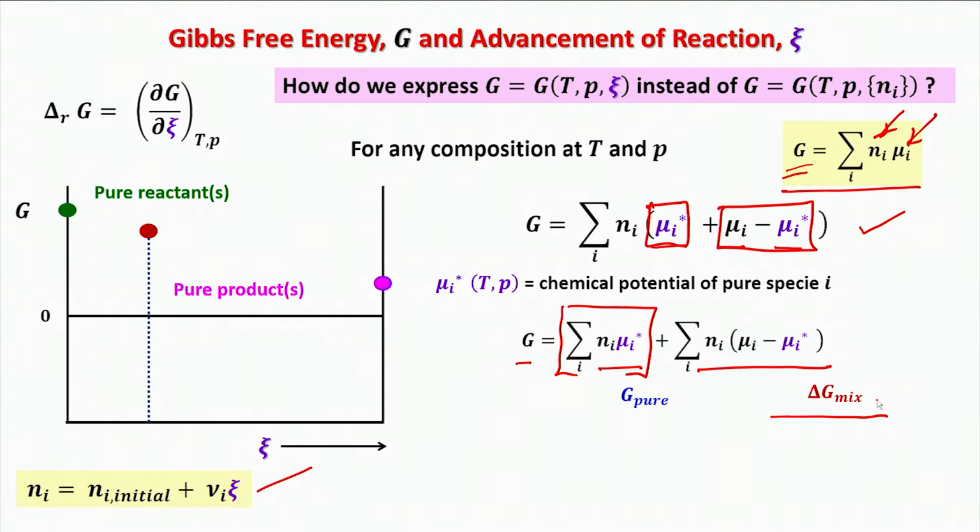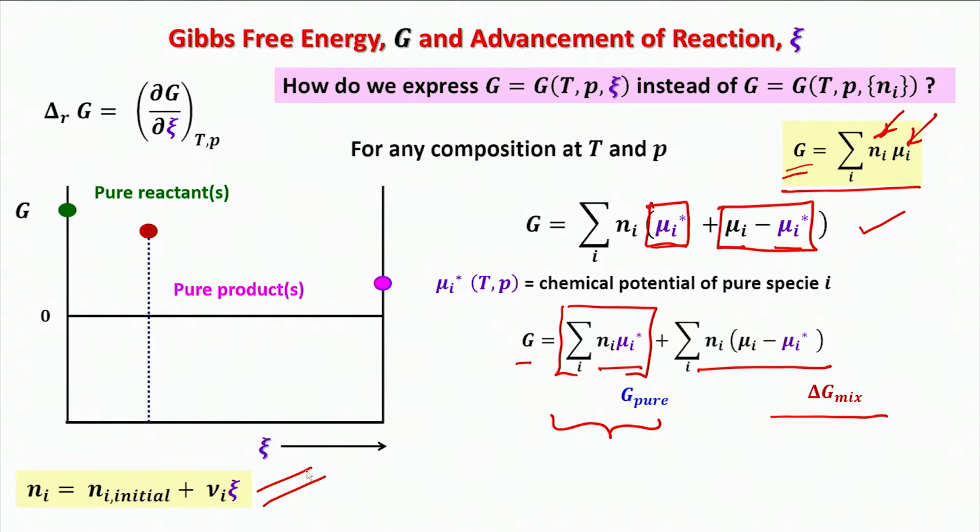So here is what you are thinking about. You are thinking about the reaction mixture in terms of a thought experiment where I have one part of the Gibbs free energy being produced by some components present in their pure phases, and these components have mole numbers exactly equal to what I have for my current reaction mixture.